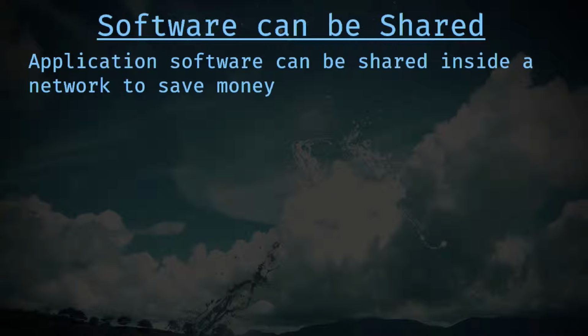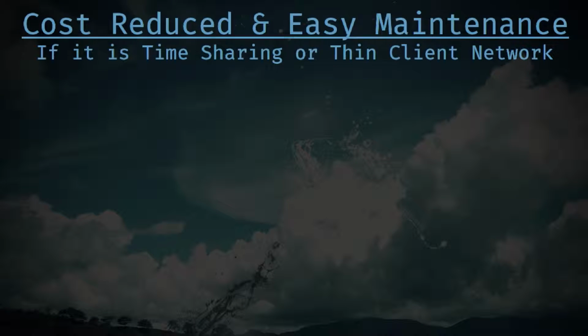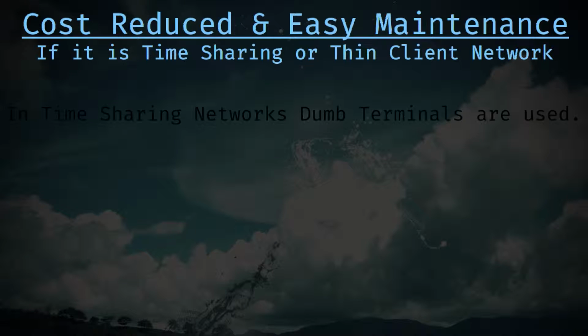Some software costs thousands of dollars. You obviously only want to buy one key or license for that, and you can share it across the network. My 8th point is reduced cost and easy maintenance with time sharing or thin client networks. In time sharing networks, dumb terminals are used.